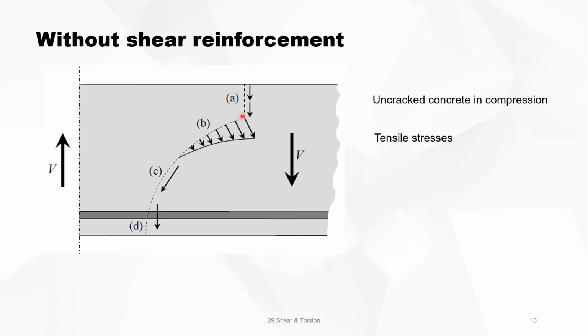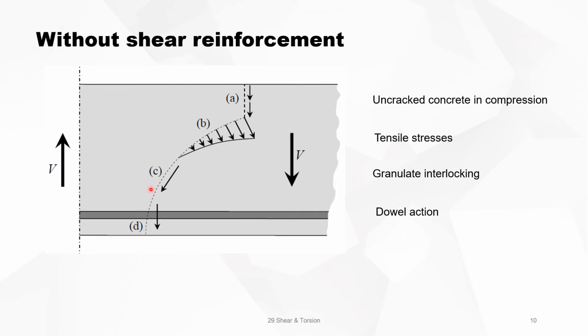A bit further on, the tensile stress in concrete is not exceeded, so we have a resistance from the tensile stresses in the concrete. If you go to portion C, then the concrete is cracked. There is no resistance from the tensile stresses, but there is a granulate interlocking of the concrete, kind of friction. And then when we arrive at the longitudinal bending reinforcement, we have a dowel action, which also gives a resistance to shear force.